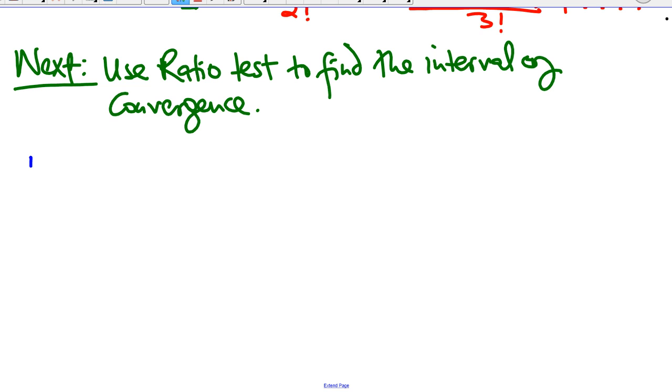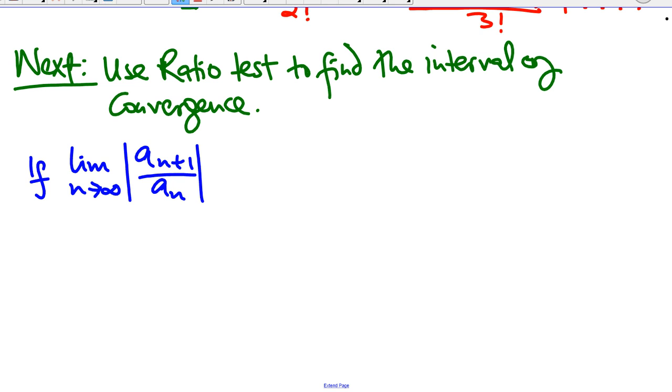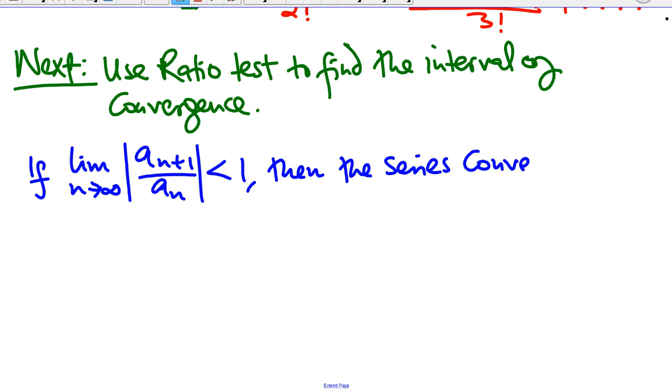So we are saying that if the limit as n approaches infinity of S sub n plus 1 over S sub n is less than 1, then the series converges. Okay, so what we need to do is find S sub n plus 1 and S sub n.